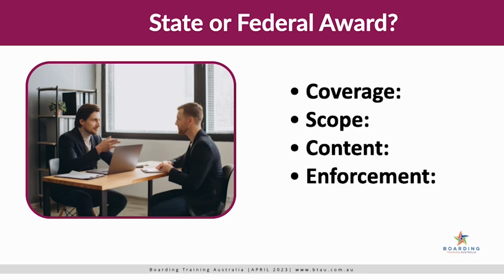Content, state awards and national awards might differ in terms of specific terms and conditions they set out, such as minimum wages, penalty rates, leave entitlements, all those sort of things. Enforcement, state awards are generally enforced by state industrial relations commissions, while the national awards are enforced by the Fair Work Commission, which is the National Industrial Relations Tribunal.